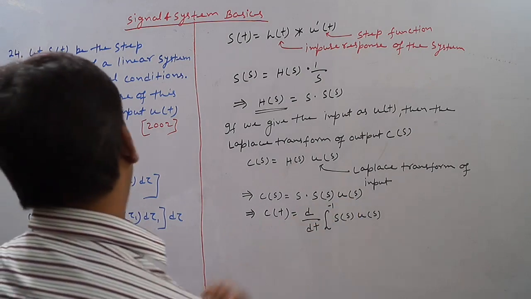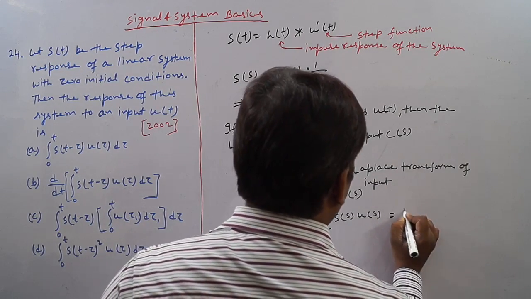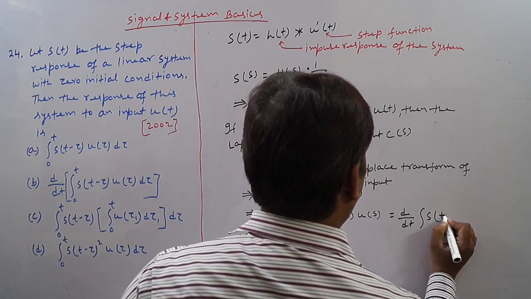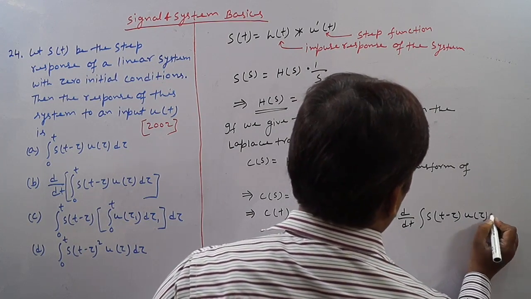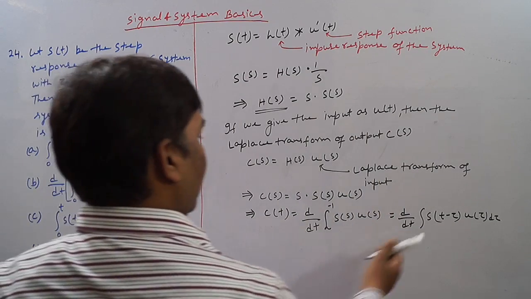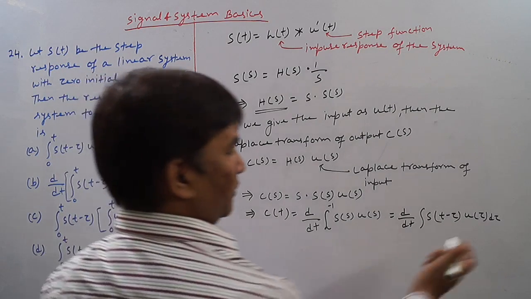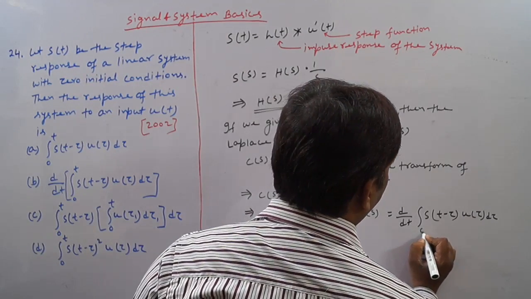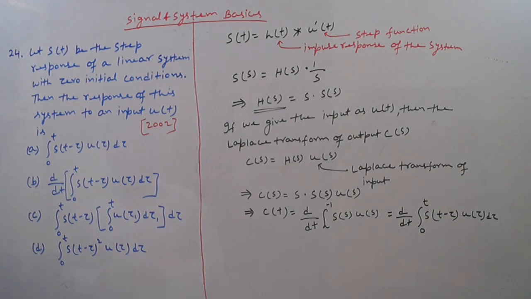So now we can write this as d by dt of the integral of s(t minus tau) u(tau) d tau, from 0 to t, since the input is a causal and time limited function. Which one of the given options is correct? Option number B is the correct one.